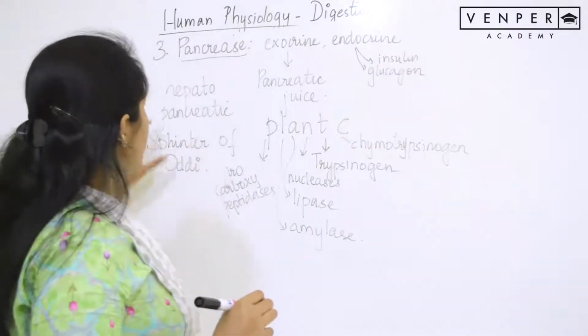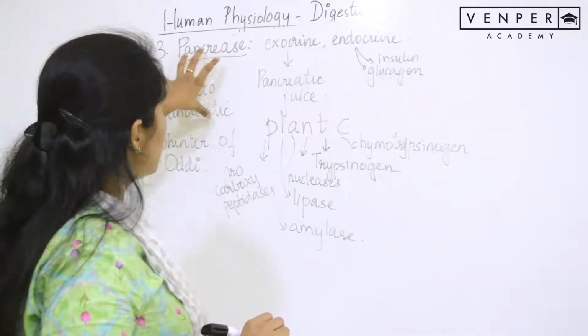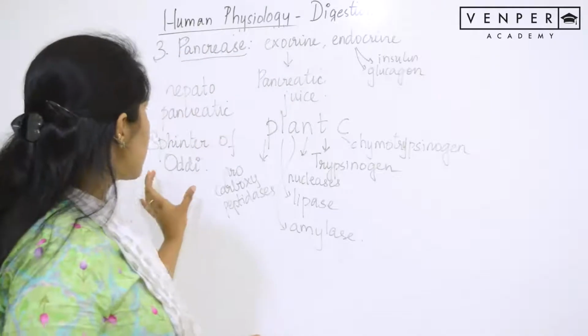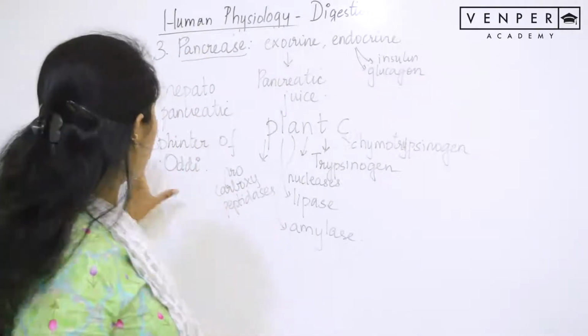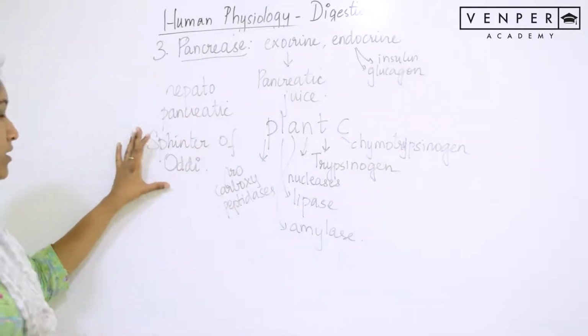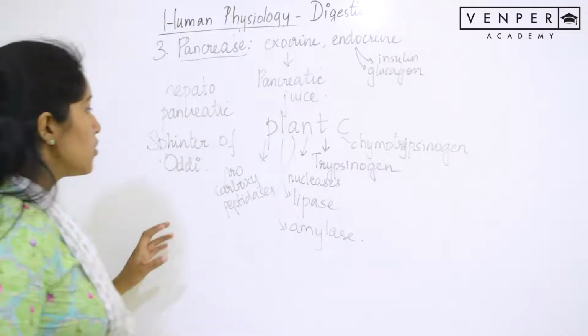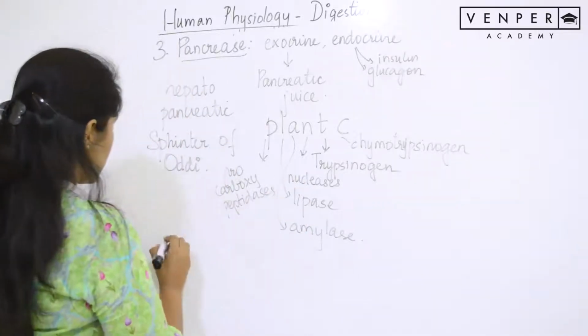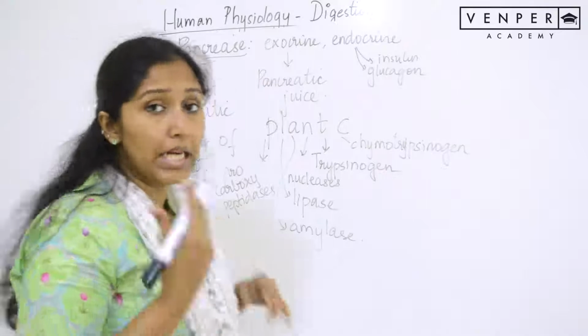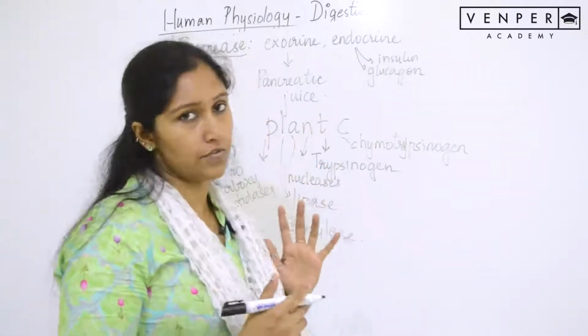So the flow of secretions from both the liver as well as the pancreas is controlled with the help of the sphincter of Oddi. So these are the main glands in the digestive tract.